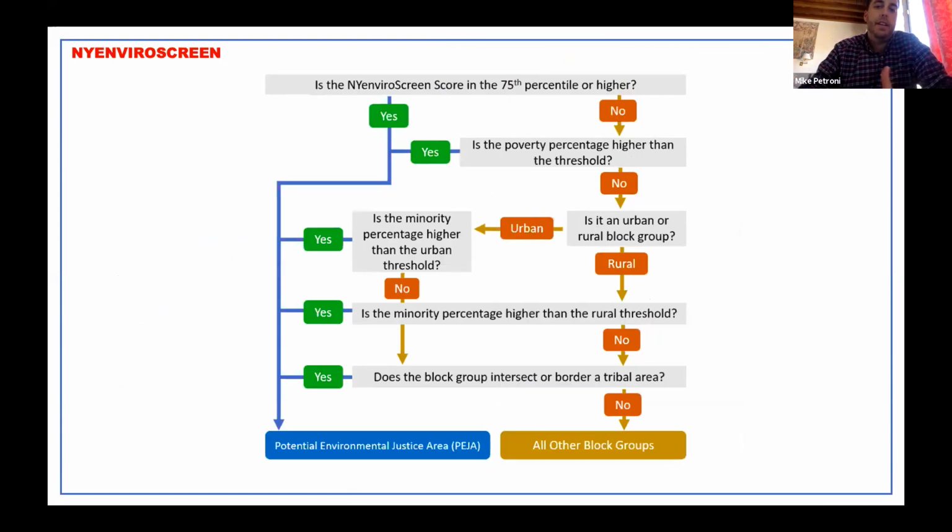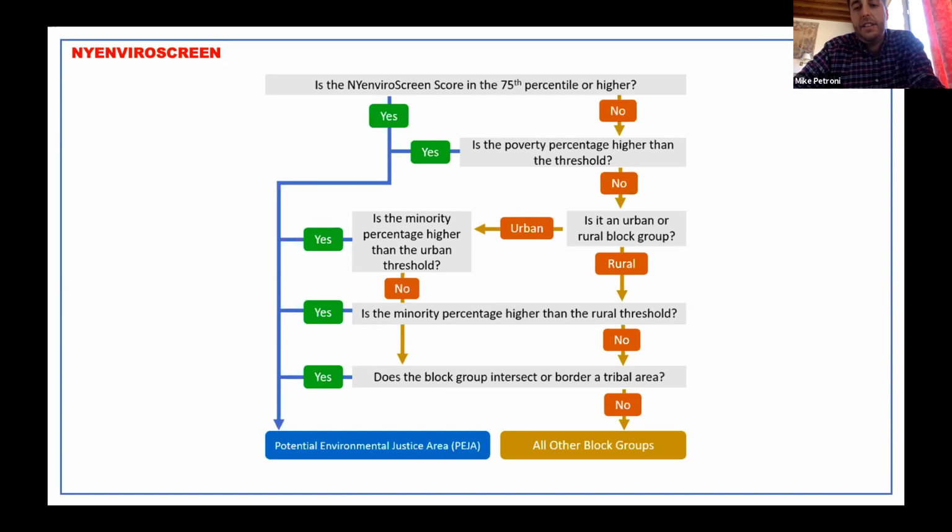So with these 3 different processes, we implement a decision tree to then classify each block group. Basically it's starting from the top. If you're in the 75th percentile or higher in terms of your cumulative burden score or cumulative impact score, New York Enviro Screen score, you are classified as a disadvantaged community.